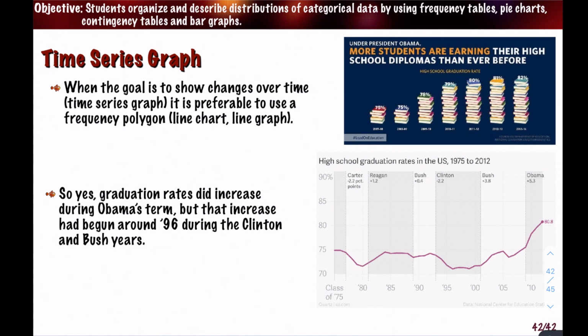When the goal is to show changes over time, it is preferable to use a frequency polygon, or people call them line graphs or line charts. So yes, if you look back, graduation rates this past decade did increase during Obama's term, but that increase had begun around 96 during the Clinton-Bush presidencies.